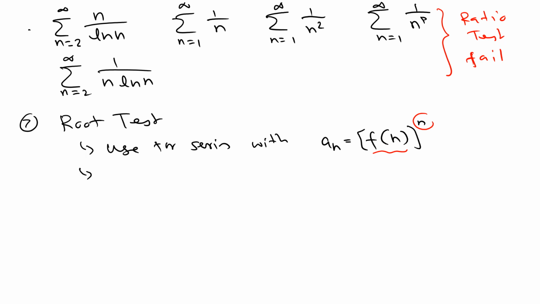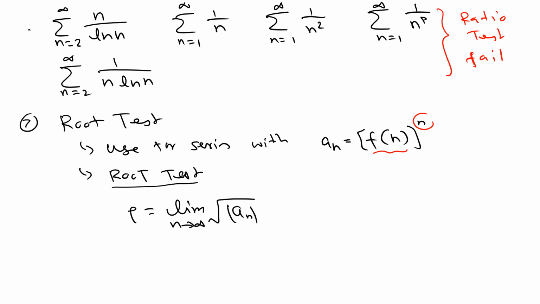So what's the test? The root test is again rho. You take the nth root of the nth term. So we can take the absolute value of the nth term and find the nth root of it. Again, the same criteria as the ratio test. If this number is less than 1, it's going to converge.